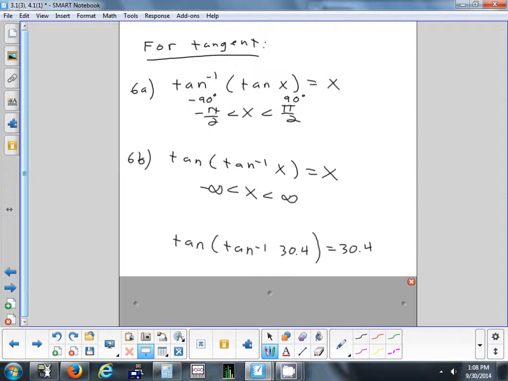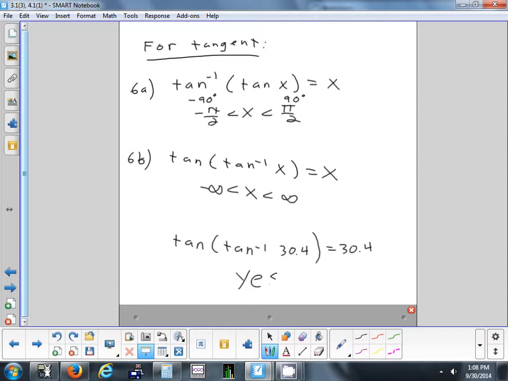Okay, what do we think? Is that going to work? Yeah, that's formula 6b, and I said that can work for anything.